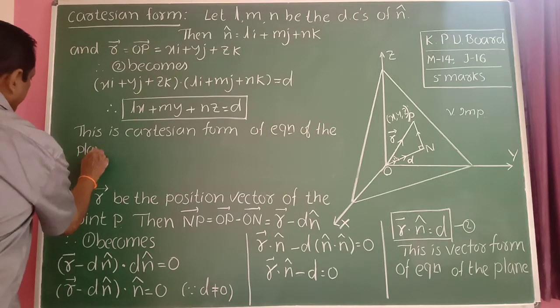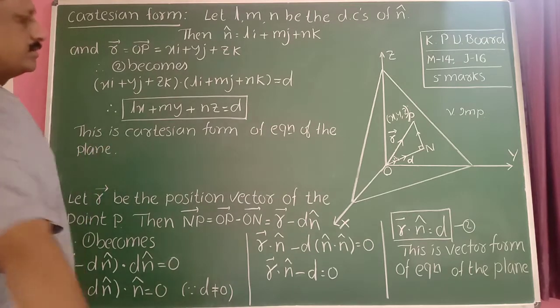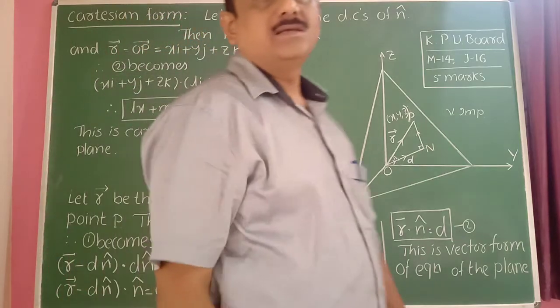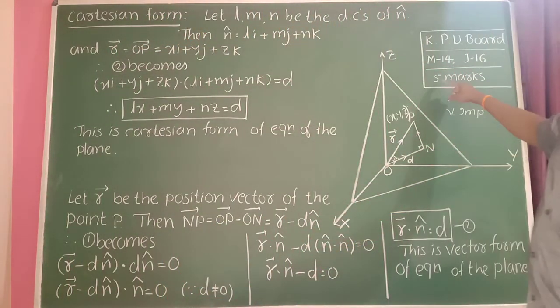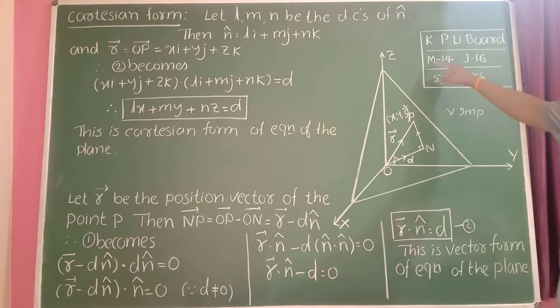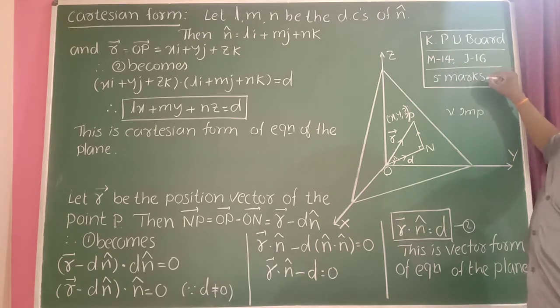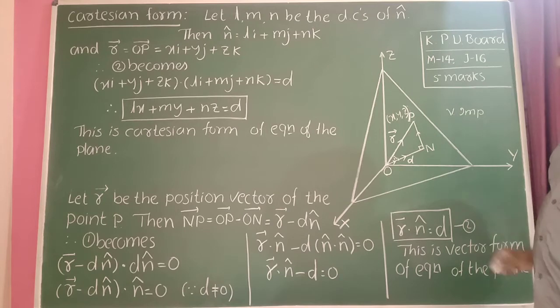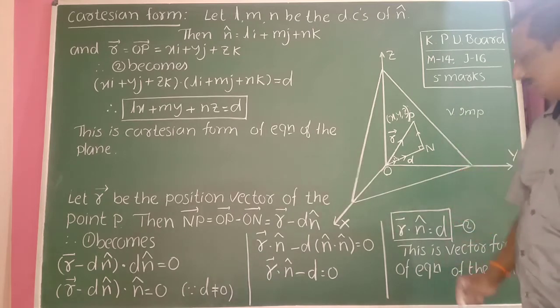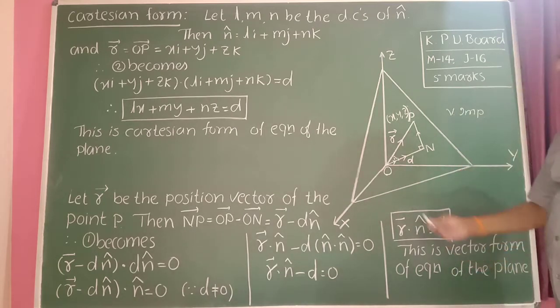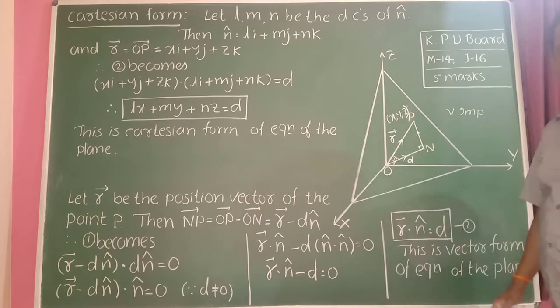So in the examination, you have to write both vector form as well as Cartesian form here. It carries 5 marks. 2 times they are asked here, March 14 and July 16 here. So this is also a very important theorem. It carries 5 marks here. In the theorem, in the examination, you have to write both the vector form as well as Cartesian form.